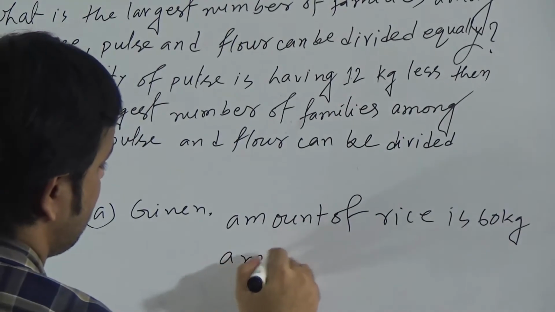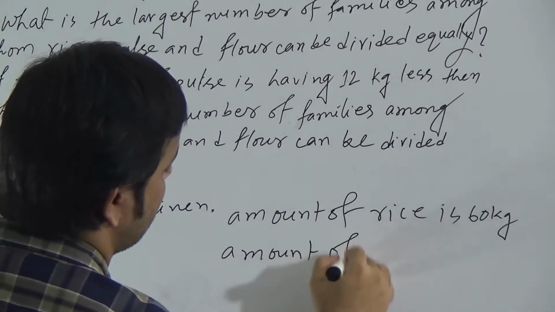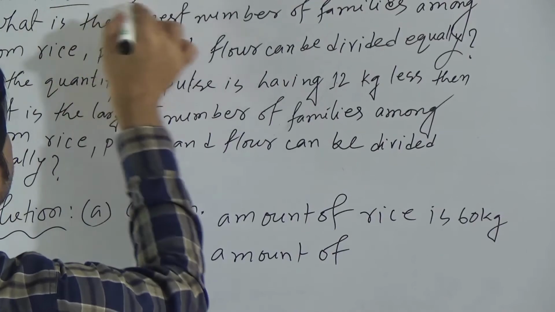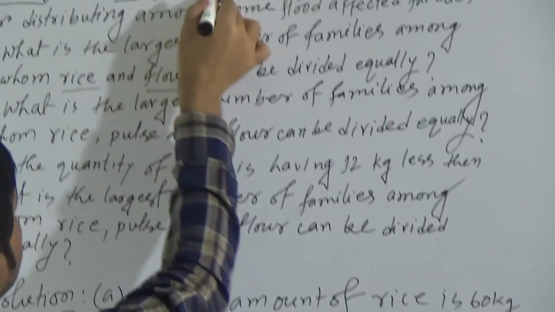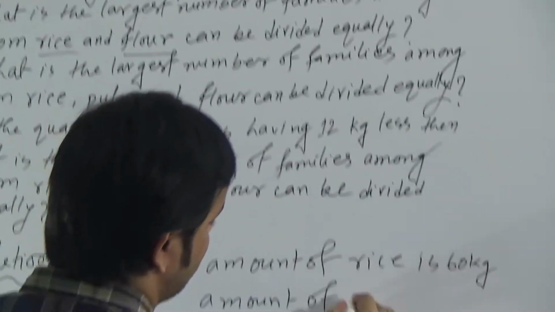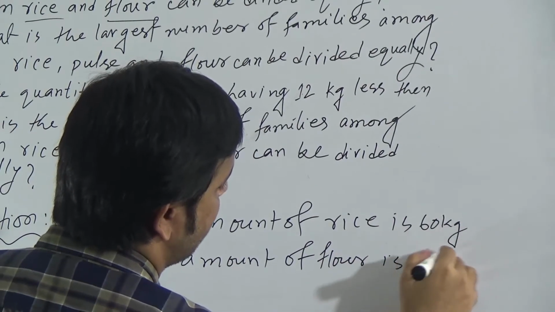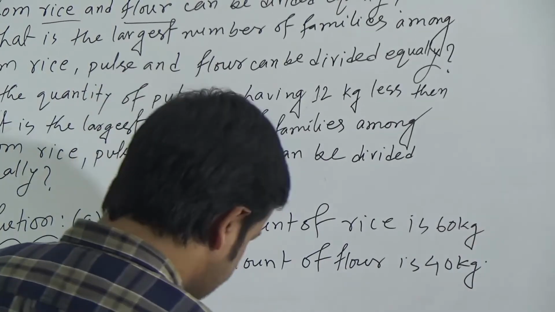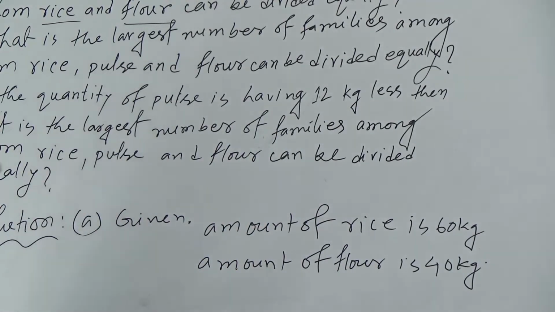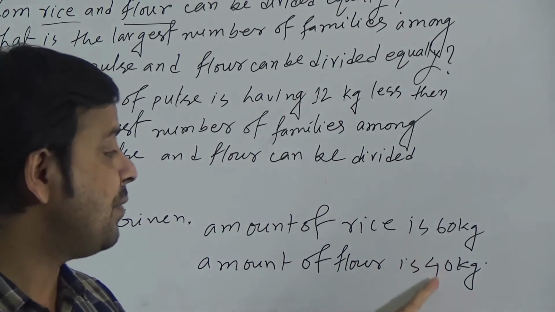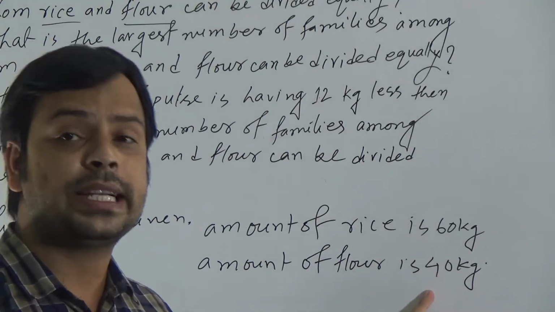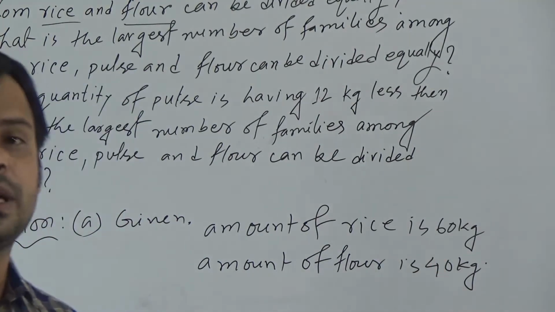We need rice and flour, so we have to see here 40 kg is flour. Amount of flour is 40 kg. Okay dear students, it means that we have to do the HCF of 60 and 40 to get the required largest number of families.